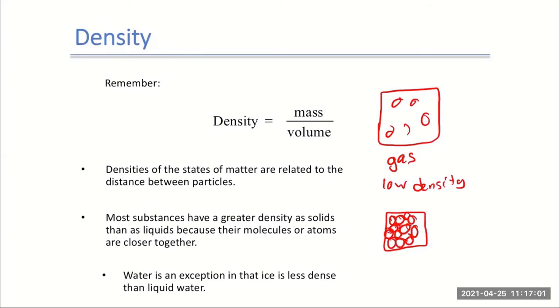We still have little tiny gaps between the molecules here. So liquids tend to have a medium density. And then solids, they're all locked into place and pack as tight as they can. That's why most of our solids tend to have really high densities.